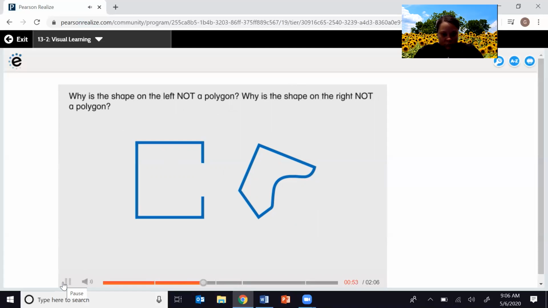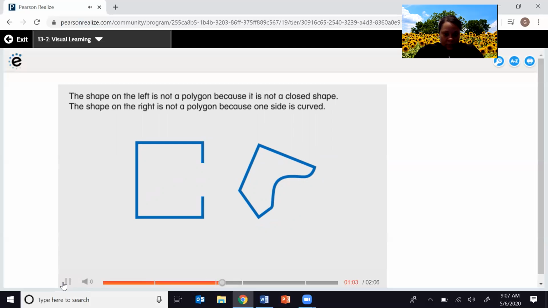The shape on the left, not a polygon. Why is the shape on the right not a polygon? So why are these shapes not polygons? I want you to think about it. On the left is not a polygon because it is not closed, and it needs to be closed to be a polygon.